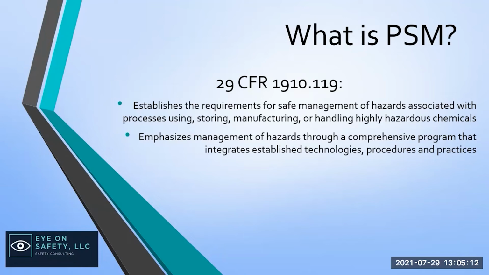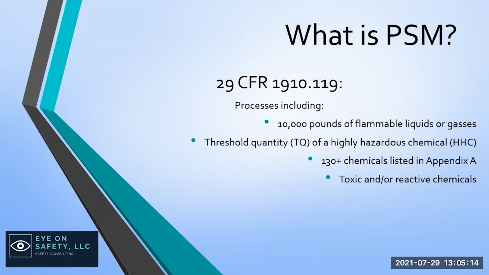When they talk about the processes, it can include flammable liquids and gases in excess of 10,000 pounds or more. And I talked about the threshold quantity, or the TQ, of those hazardous chemicals. There's about 130, give or take. And it's interesting because every year OSHA looks at the list, and depending on any incidents that have happened, they can raise or lower the threshold quantity.